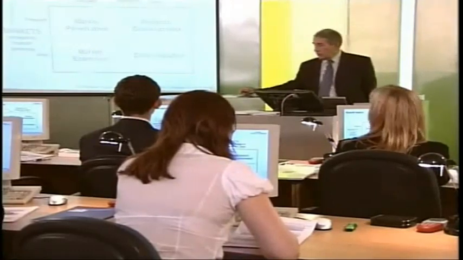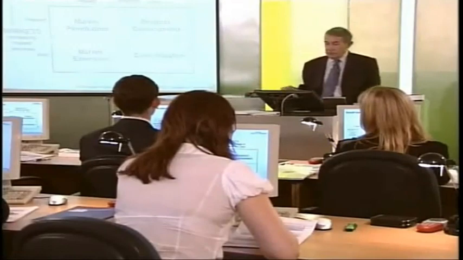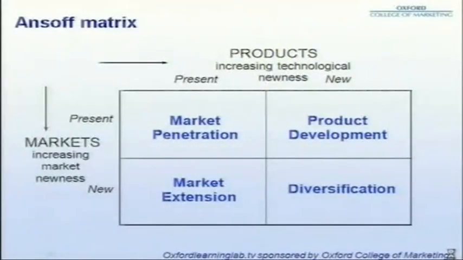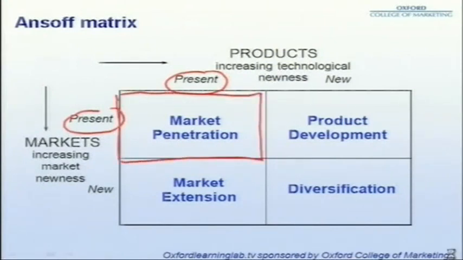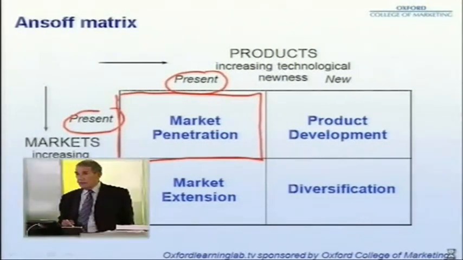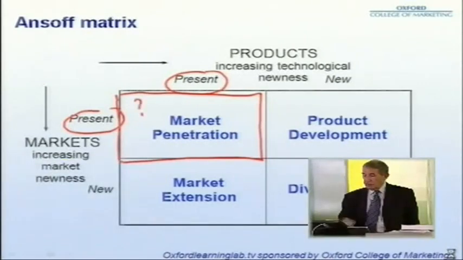And the way it works, without boring the pants off everybody, is to say you've got your present products or services in your present markets, and whether we like it or not, everybody who's watching this, that is where you live now. That's where you are now. And therefore, it strikes me that the one thing that you should be doing is exploring all of this first, rather than leaping around in the other boxes.